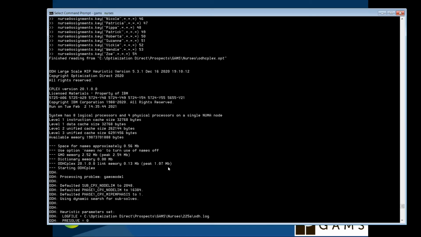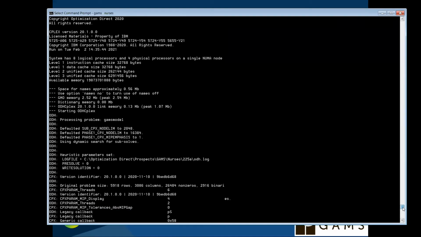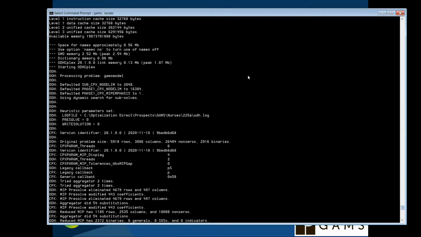Right, these lines here are produced by GAMS and indicate the resources available. What follows is a set of log lines produced by both CPLEX and ODH. In order to distinguish between them, the ones produced by CPLEX are prefixed by CPX: and those produced by ODH are prefixed by ODH:. So we can see what's happening.